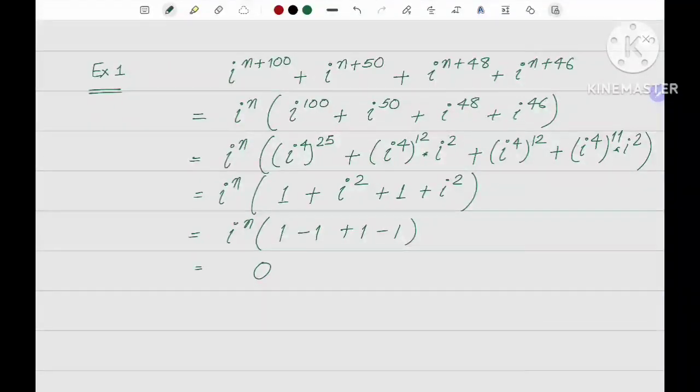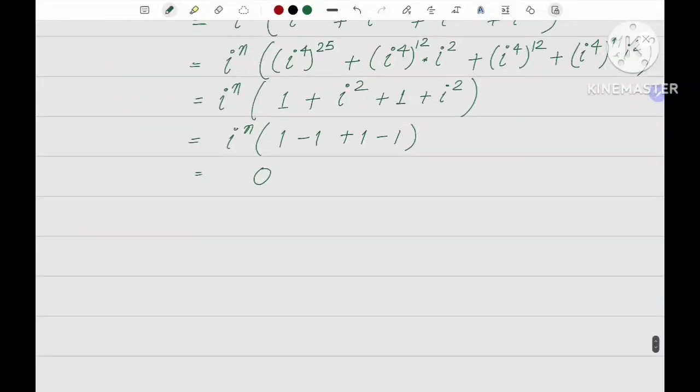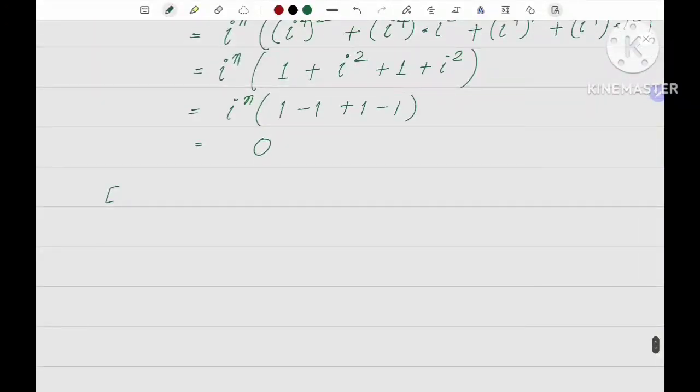Okay, let me take another example. I want to find the value of this summation, n equal to 1 to 13, of i to the power n plus i to the power n plus 1.